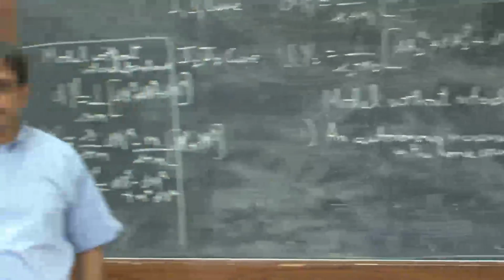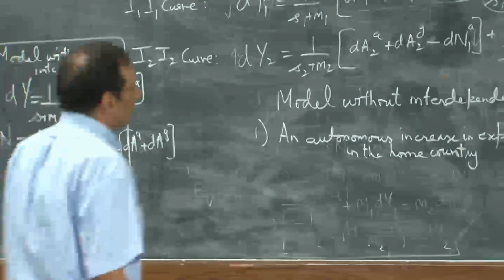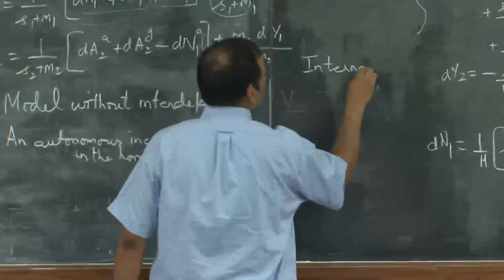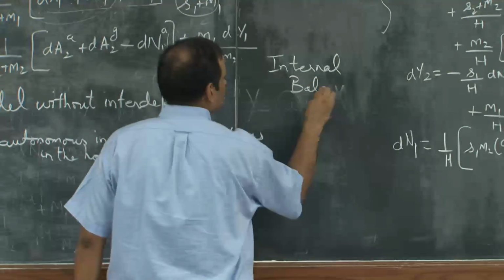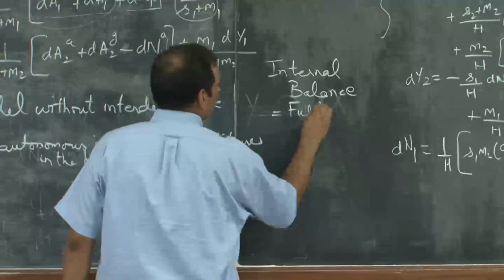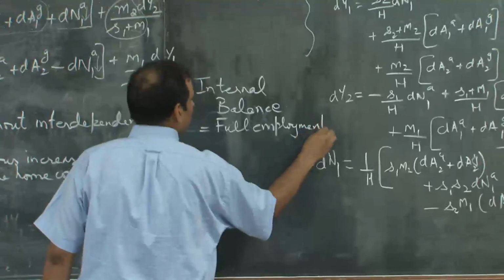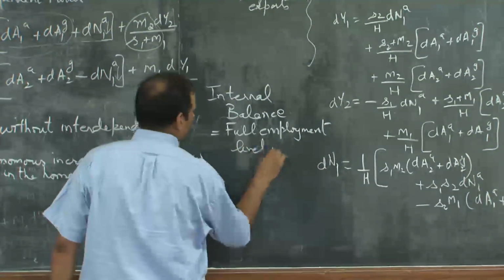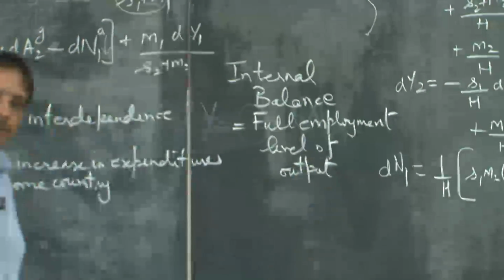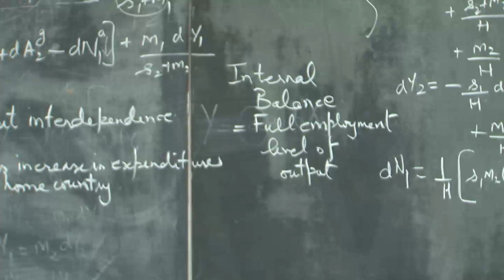Now, to analyze this, let me define two things, which are internal and external balance. There is something like the internal balance, which is the full employment level of output. If the output exceeds the full employment level of output, you see inflation.